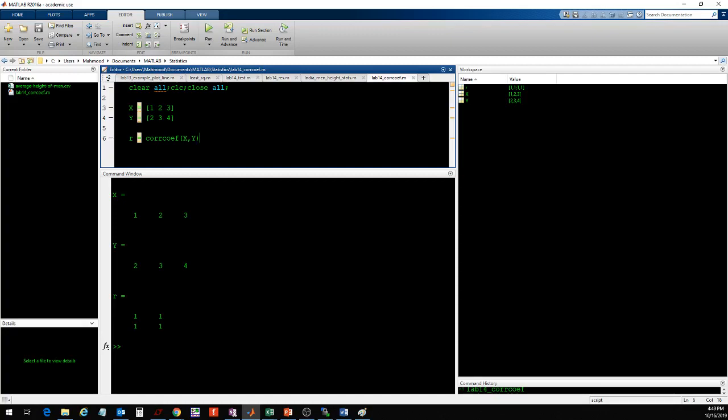In this case, it is 1, because this is perfectly linear positive correlation. However, if I changed y a little bit, say for example, if I changed y to 2 and I ran this again, it is going to tell me that x with x is 1, y with y is 1, but x with y is still positive. However, it is not very strong. So the correlation coefficient has gone down from 1 a little bit, but it's still very correlated.